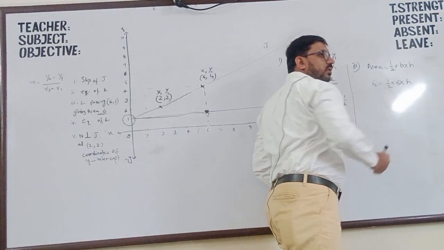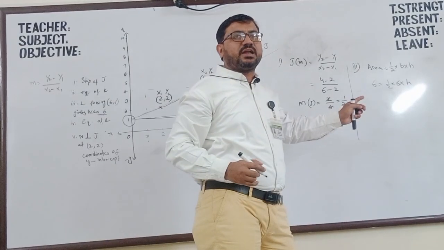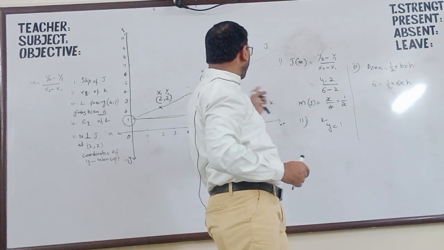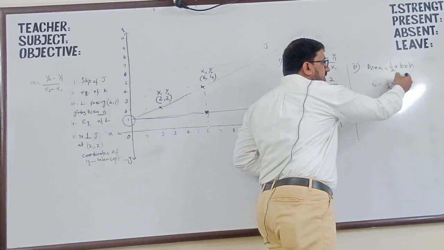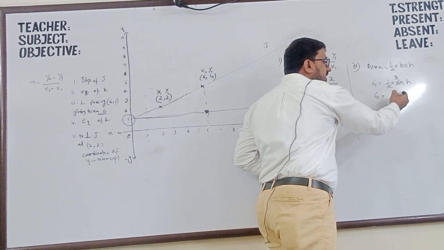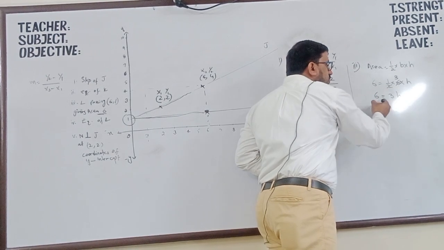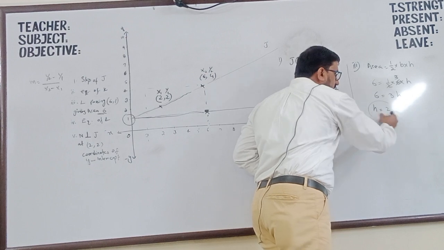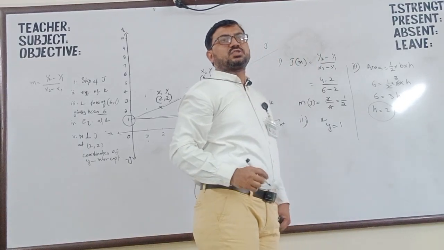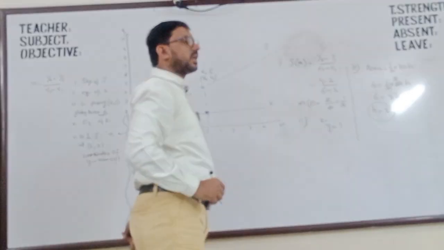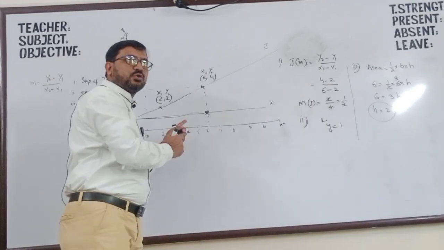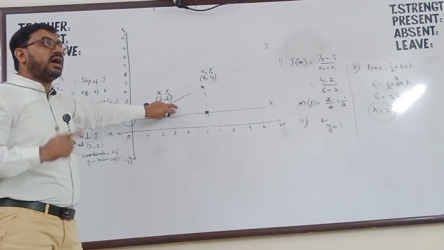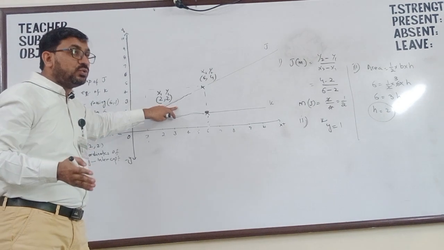Height we don't know. From here we will identify at which height we need to intersect the line. If you solve this simplification, 6 = 3h. So what would be the value of h? It's 2, because 3 is switched to the other side and the value of h is 2. That means the height of the triangle formed over here would be 2.